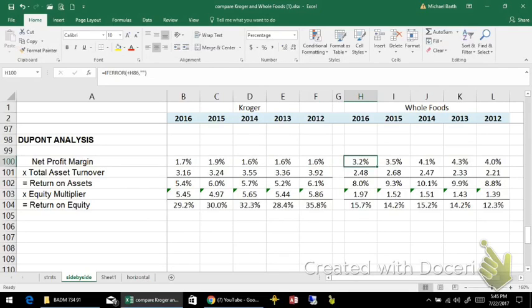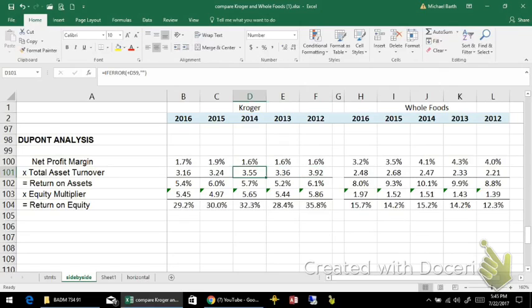All right, so the return on assets gives us a measure of how much you earned on the assets you were using, and by breaking this down, we get an idea of how much was profitability per sale, and then how much was efficiency. And Kroger is more efficient at generating sales per dollar of assets than Whole Foods.